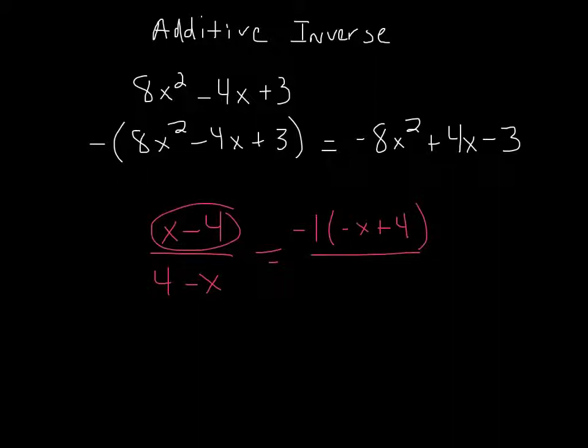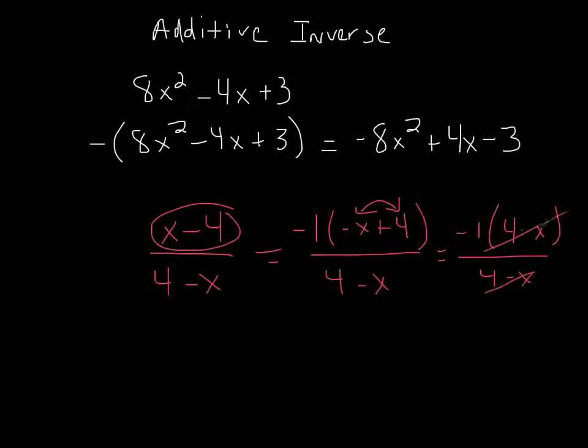Now I still have the 4 minus x on the bottom, and I want these to match, so I'm just going to flip these around. I get negative 1 times 4 minus x on top, and I have 4 minus x on the bottom. Now they match, so I can cancel those out, and I'm left with just negative 1.